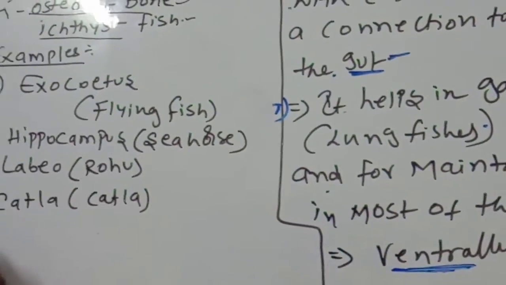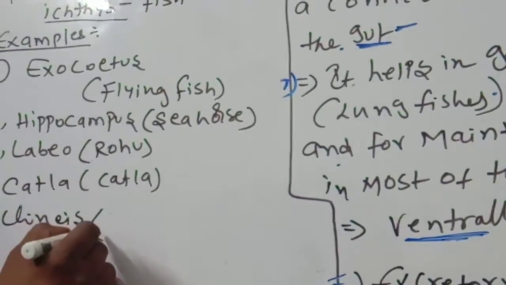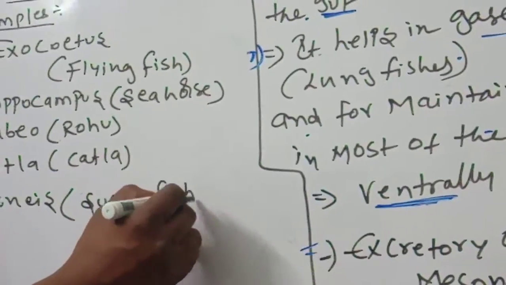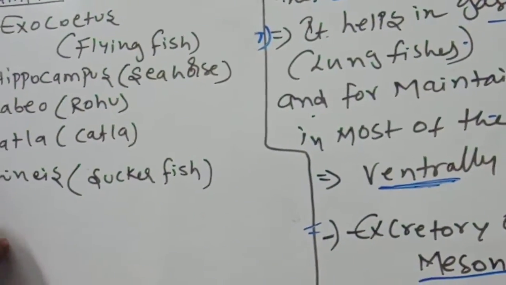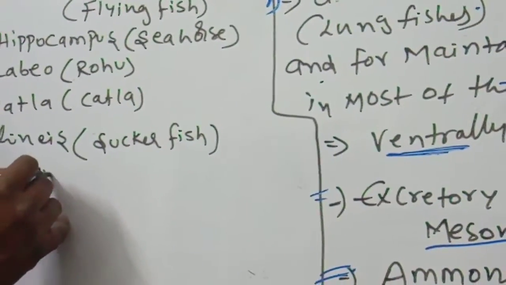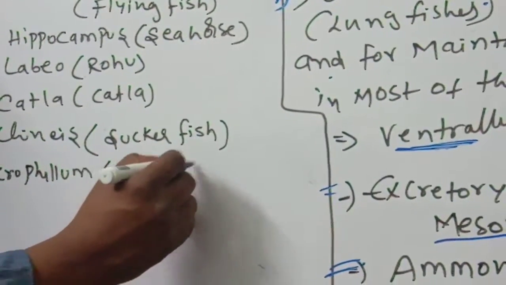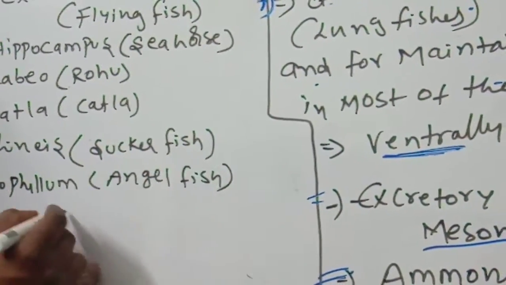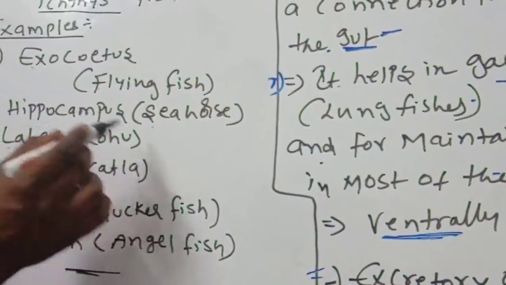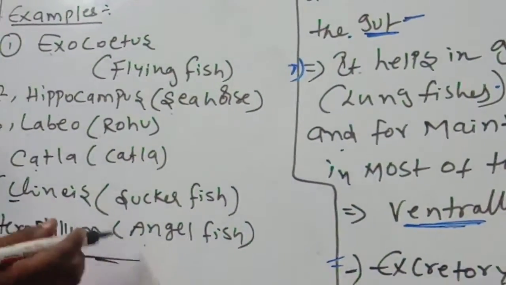And Echeneis, another name of which is suckerfish. Next one, Pterophyllum, which is related to angelfish. Hippocampus, seahorse; Exocoetus, flying fish; Labeo, rohu; Catla; Echeneis, suckerfish; Pterophyllum, angelfish.